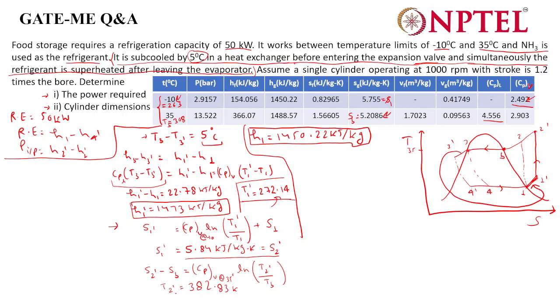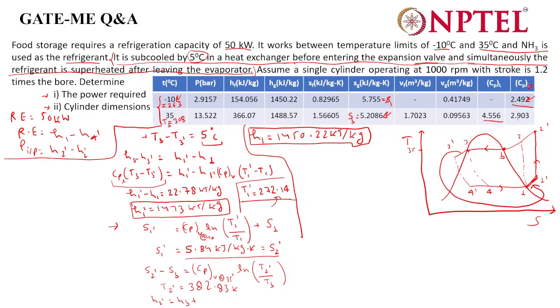Now you know T2 dash and TB. How can you find the enthalpy H2 dash? Any idea? Yes, sir. Hg plus Cp times T2 dash minus TB. H2 dash would be the H of B plus Cp times the temperature difference.